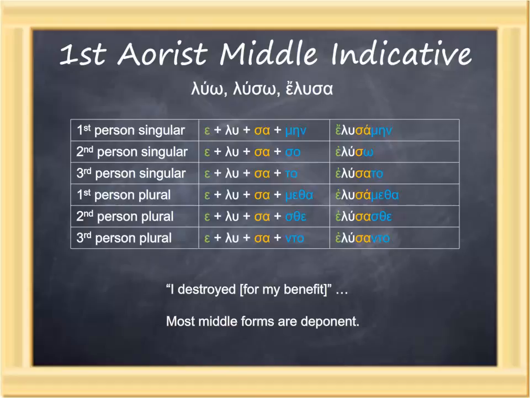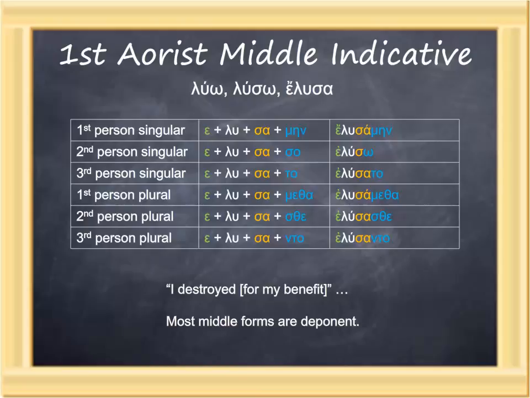And the right column shows the final forms: elisamein, eliso. This one is unusual because the sigma of the personal ending sa drops out. Alpha and omicron, by rule, contract to omega.